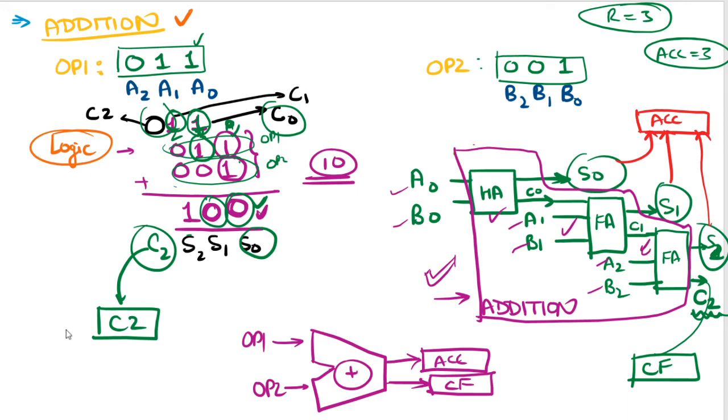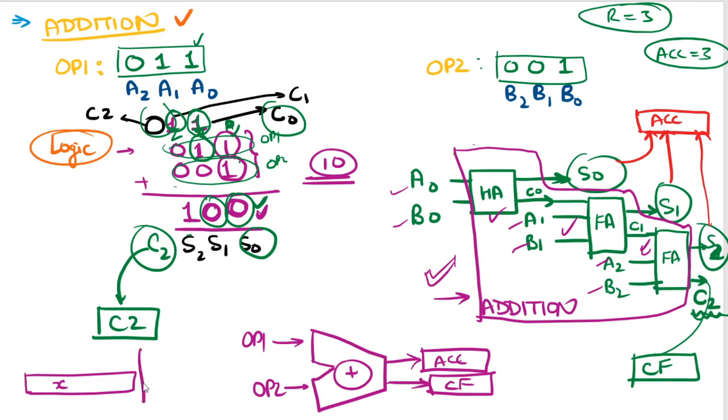So let's suppose we have the width of register X. Therefore operand 1 and operand 2 will have X bits, right? So how many half adders and full adders are required?